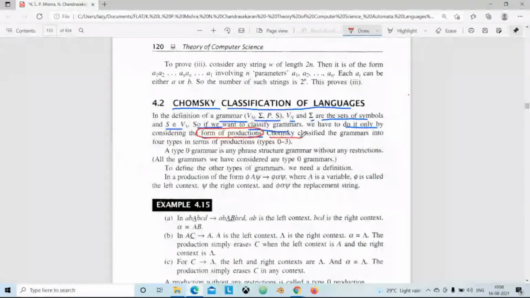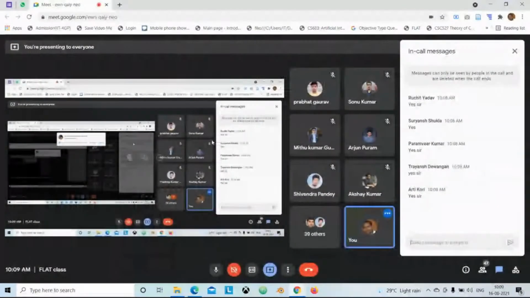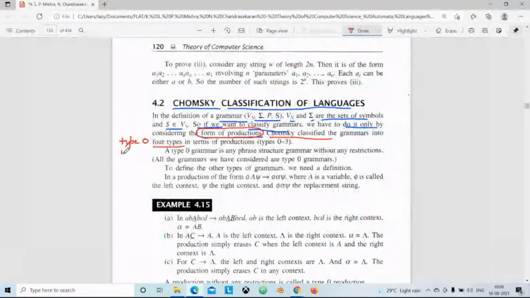Chomsky classified the grammars into 4 types: type 0, type 1, type 2, type 3. Let us see these one by one.